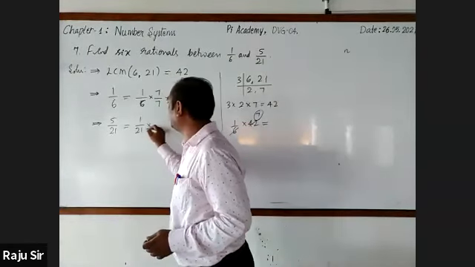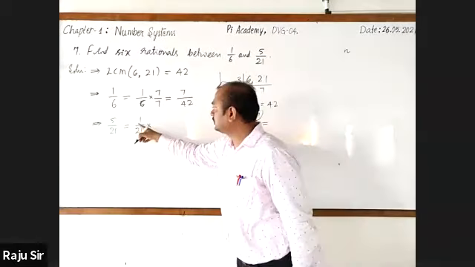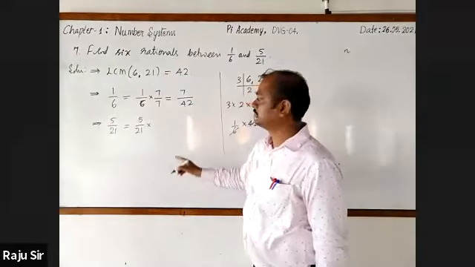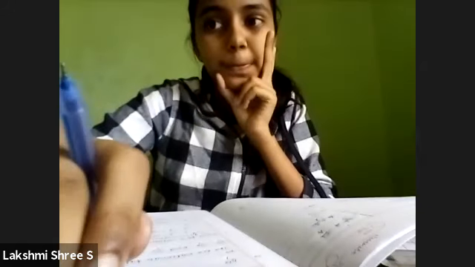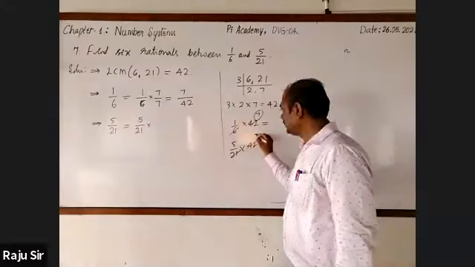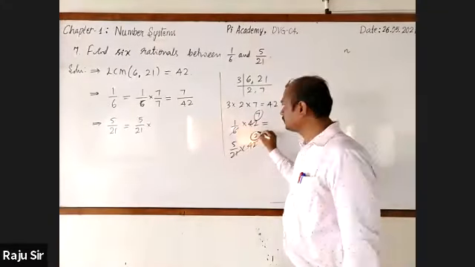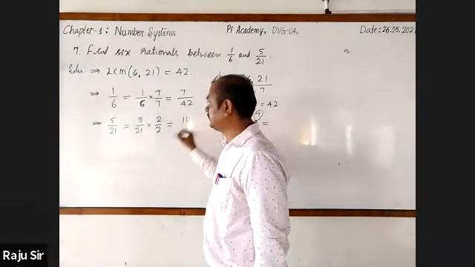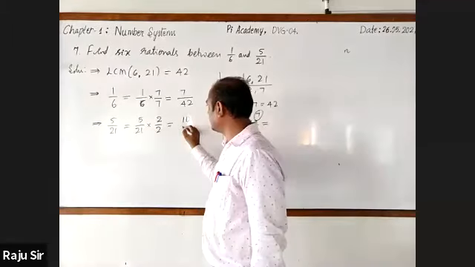What should be multiplied with 21 to get the denominator 42? Very simple. 5 by 21, again 42: 21 twos are 42. This 2 should be multiplied. Here observe, 2 by 2. 5 twos are 10, 21 twos are 42.